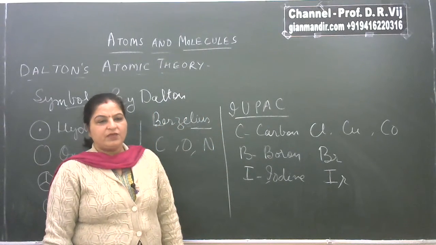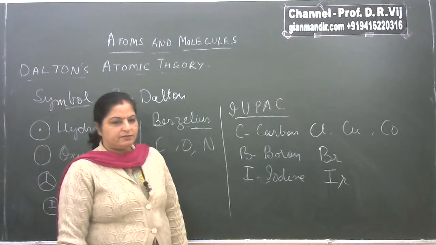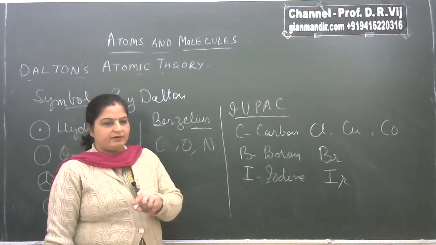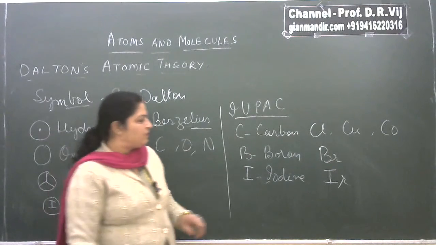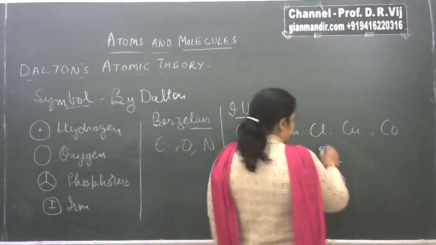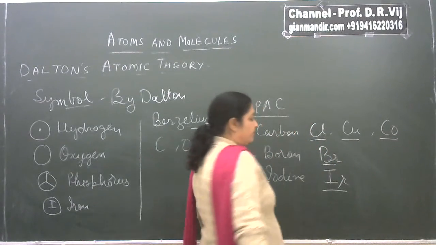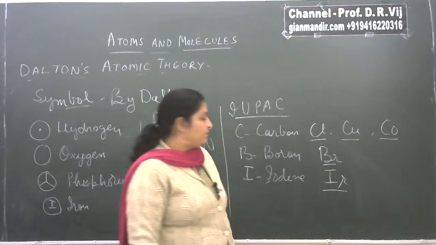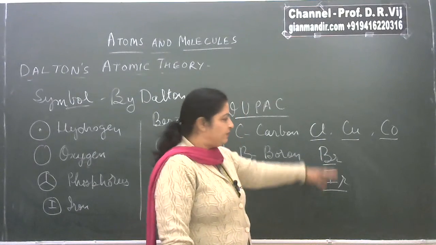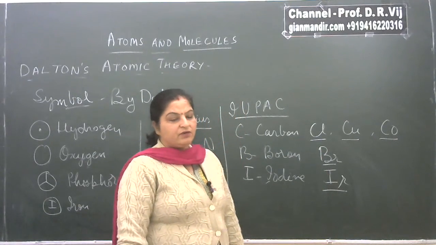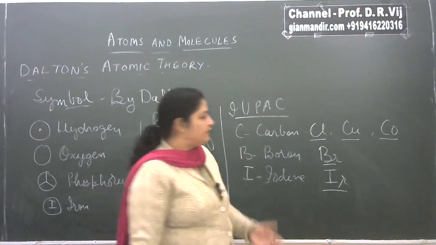But one should be very careful while writing these symbols: the first letter is always capital and the second one is always small. Look at these symbols: chlorine, copper, cobalt, bromine, iridium, right? You can see very well that the first letter is capital, and the other is small. Be very careful, because if you don't follow these rules, it makes another thing.